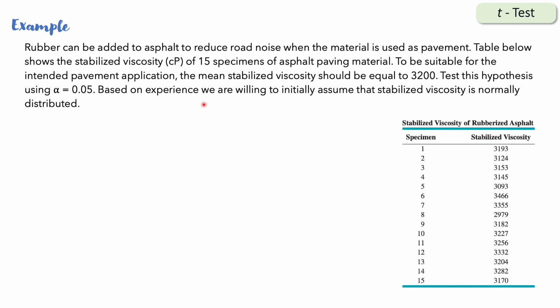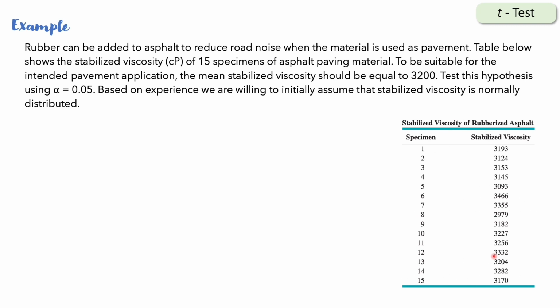Based on the experience, we are willing to initially assume that the stabilized viscosity is normally distributed. So if it is normally distributed, we can use the normal distribution for this. Okay, so here this is the data. Here you have specimen and you have the values, but you do not know the value of the variance, right?